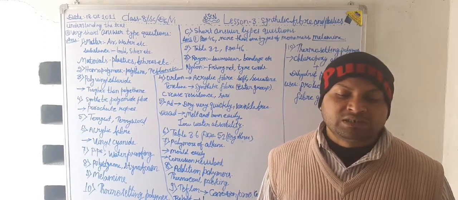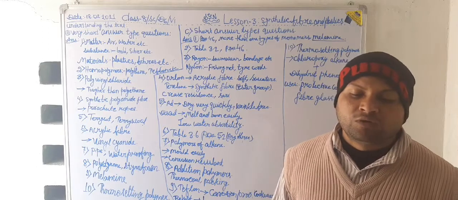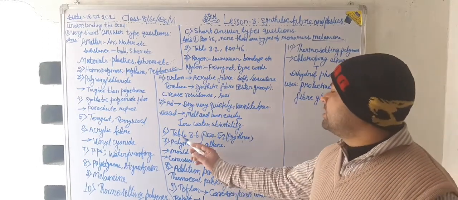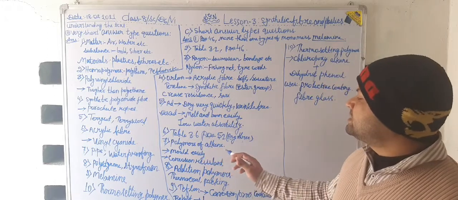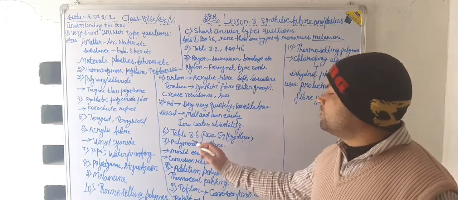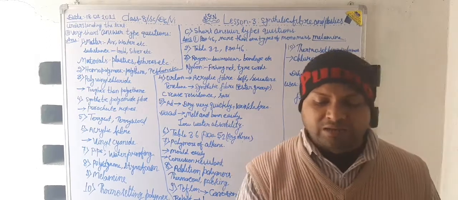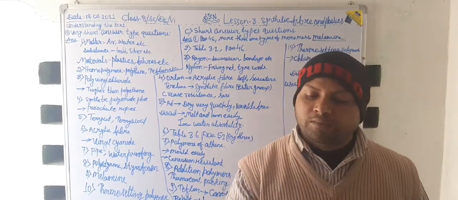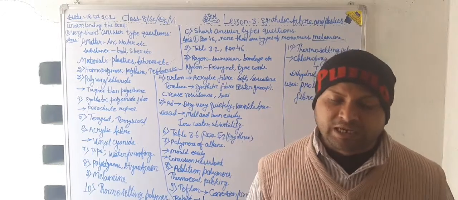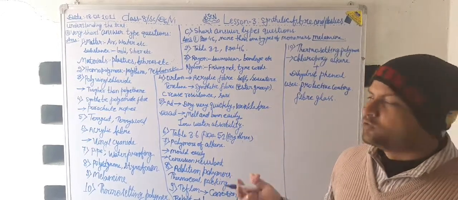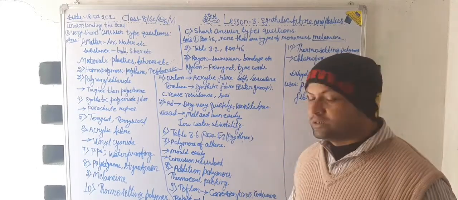Write three differences between thermosetting and thermoplastic polymers. It is given on page number 52 in table 3.6, and there are five differences. You have to write any three out of these five differences.